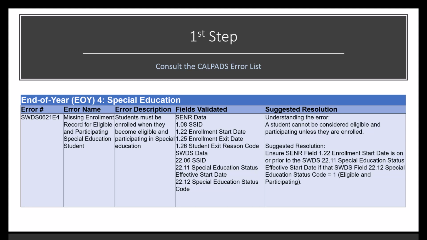Suggested resolution: ensure that the enrollment start date is on or prior to the special education status effective date, if that status is 1, eligible and participating. So it's pretty clear when reading the error list that any student with the eligible and participating status has to have an enrollment record with a start date on or before that status date.